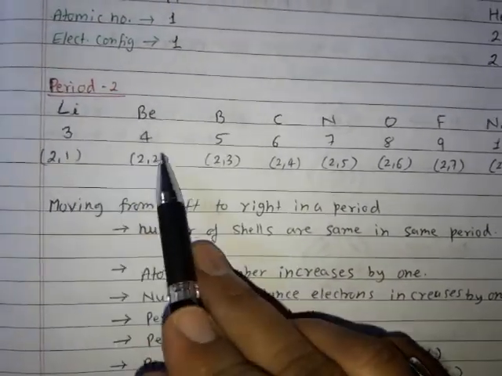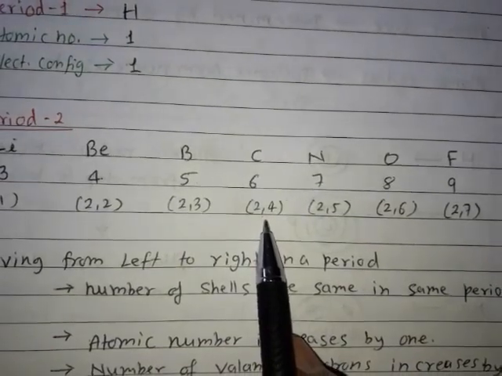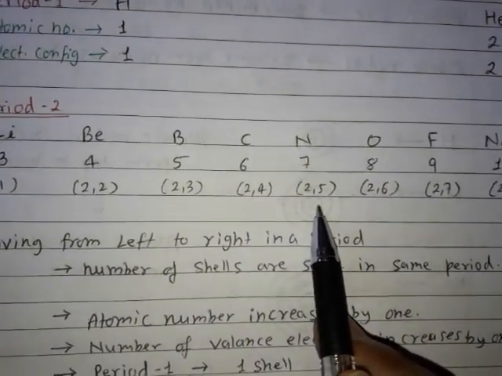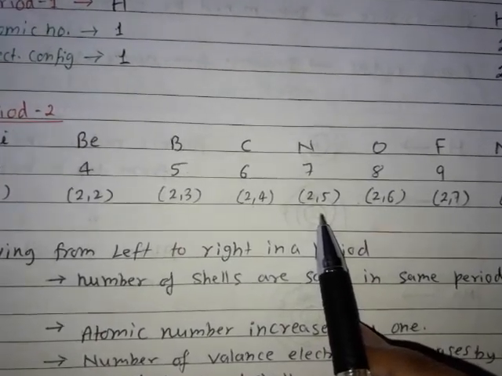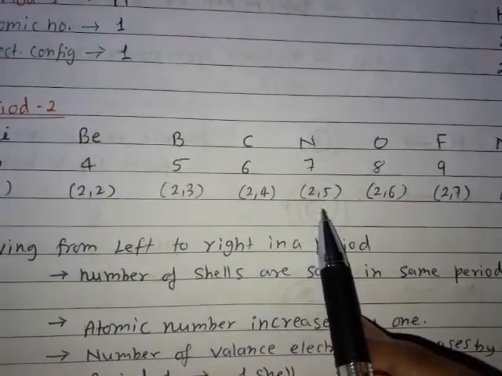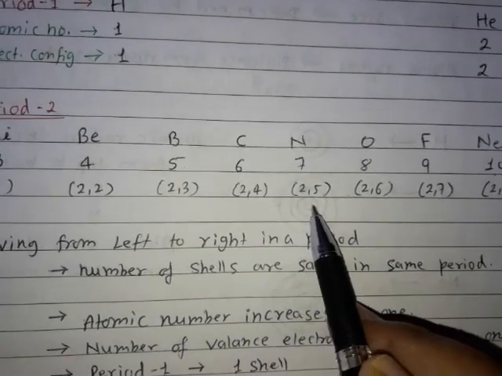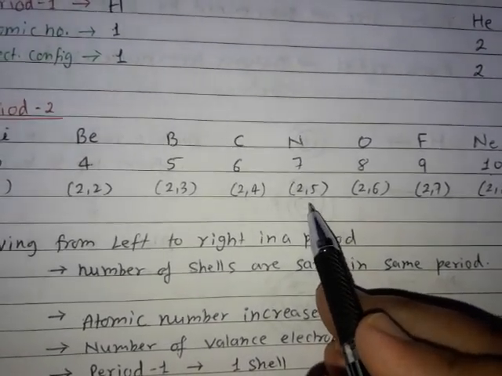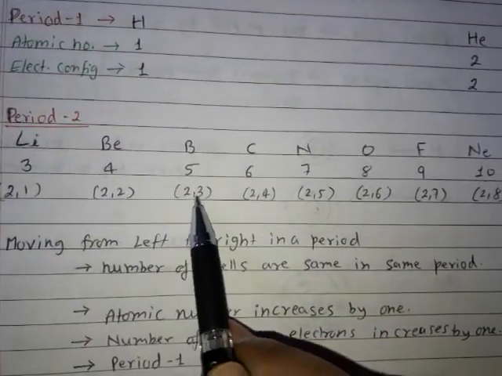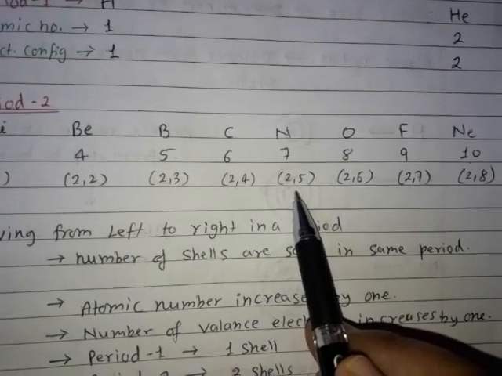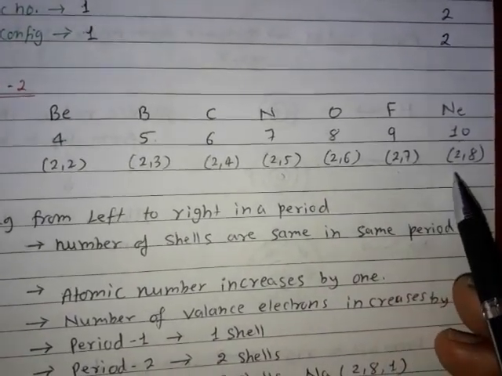Then the valency will be 3 for nitrogen, because nitrogen is not going to lose 5 electrons. It is gaining 3 electrons to complete its octet. So the valency of nitrogen is 3. Means 1, 2, 3, 4, then valency reduces from 3 to 1, and the last element 0.